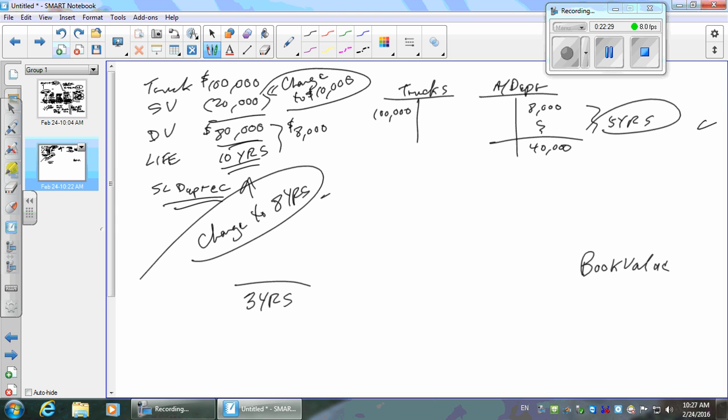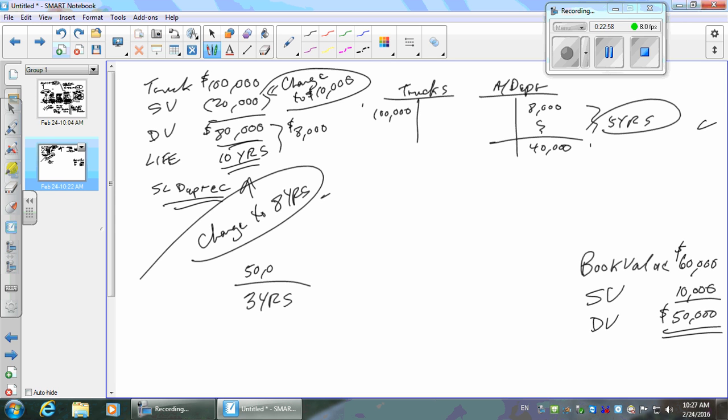What is my book value? 100 less 40, 60,000. I want to have a salvage value still, but it's not 20 anymore, it's 10. So how much am I going to depreciate over the next 3 years? The remaining depreciable value, 50,000. This is too easy to believe, isn't it? Let's change the future, the current year and the future.